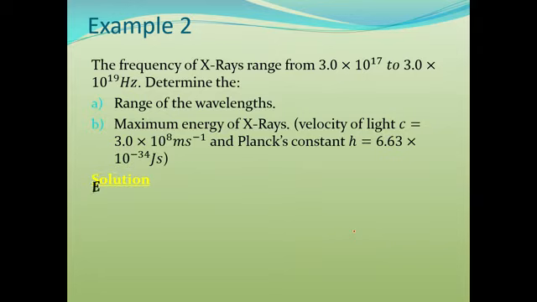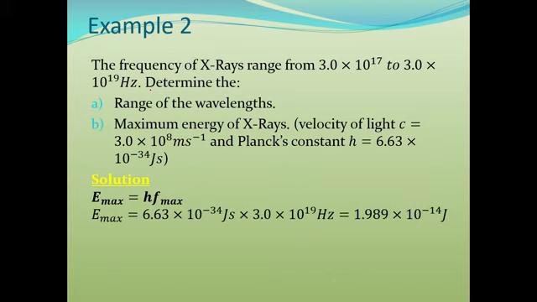So with my formula, E max will be equal to that. Because they're directly proportional, my frequency will be the highest frequency, which is 3.0 by 10 power 19 hertz. And if I substitute everything correctly, I'll have 1.989 by 10 power negative 15 joules, which is the highest or maximum energy in this case.